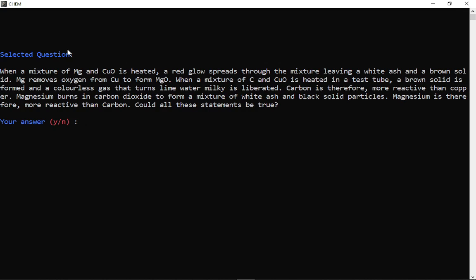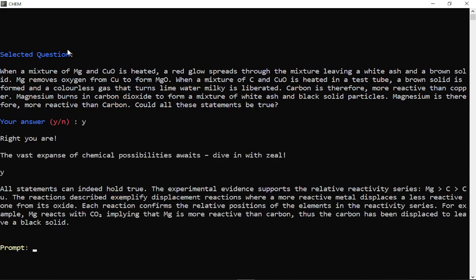That is also true. So magnesium burns in carbon dioxide to form a mixture of white ash and black solid particles. That is right. So magnesium is therefore more reactive than carbon. That is also right. So could all these statements be true? Yes. I should get this right.